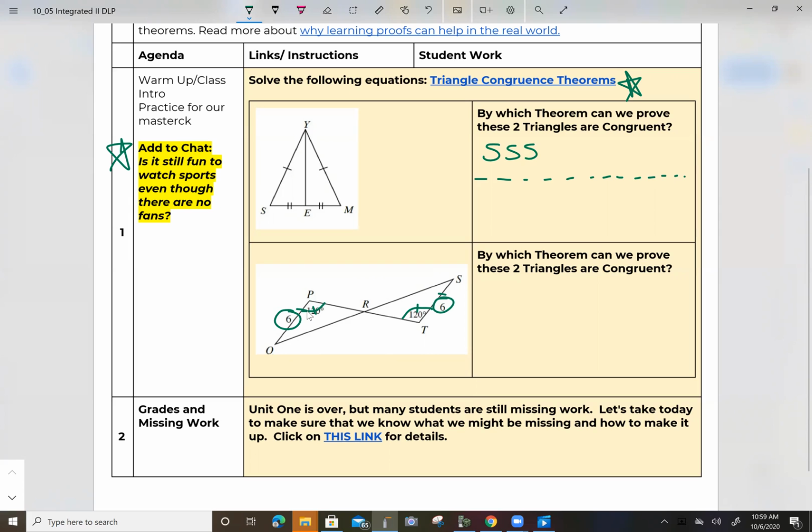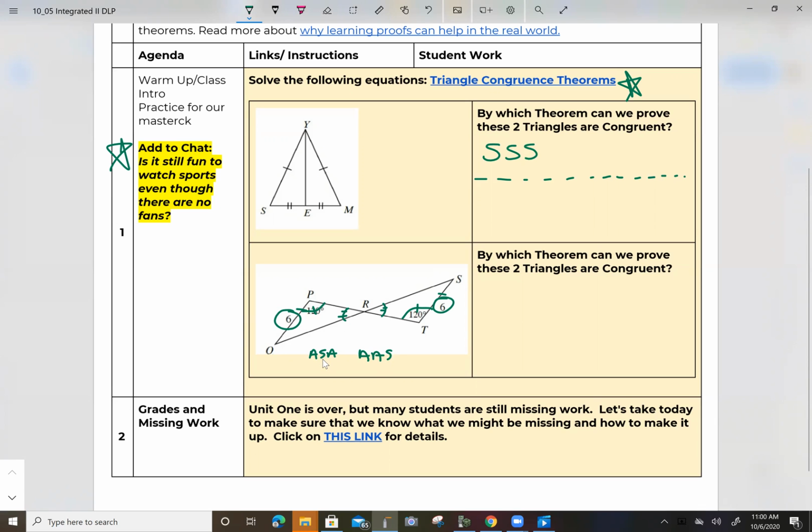Well, if you remember, Sal Khan says that vertical angles are always congruent. So we know that angle PRO is congruent to angle SRT because they're vertical. And then if we take a look, we realize they have 2 angles and a side. So it could be angle side angle, or it could be angle angle side. So we need to figure out which one.